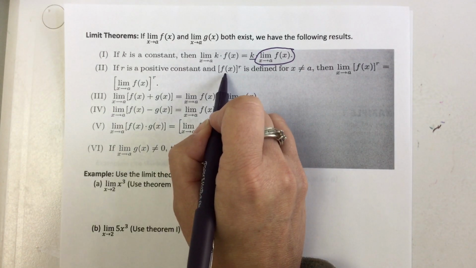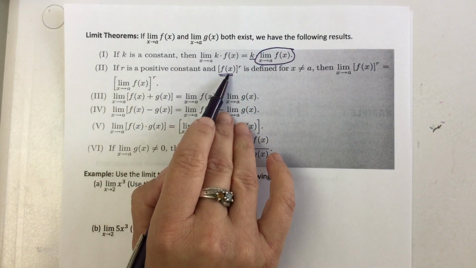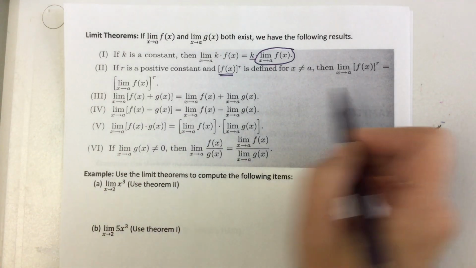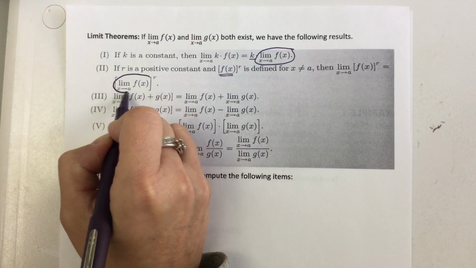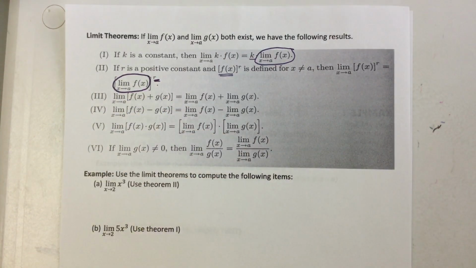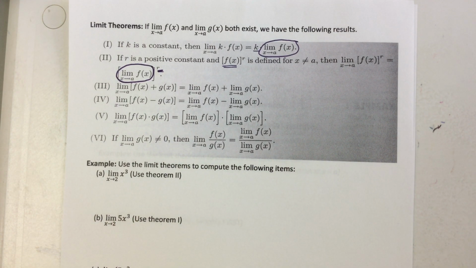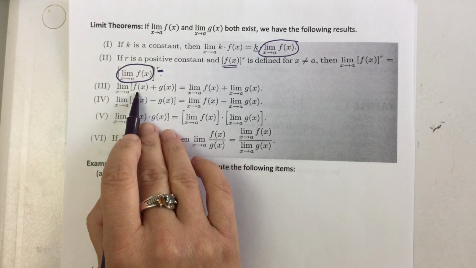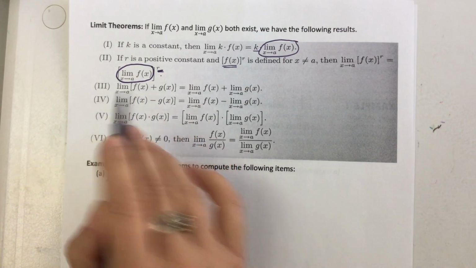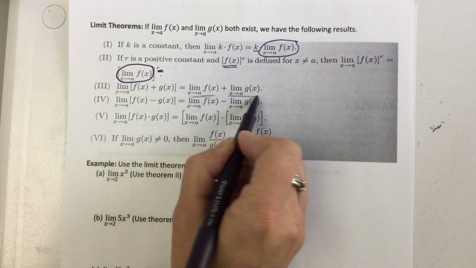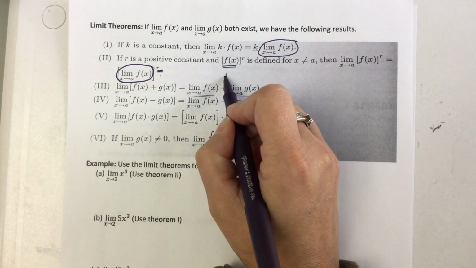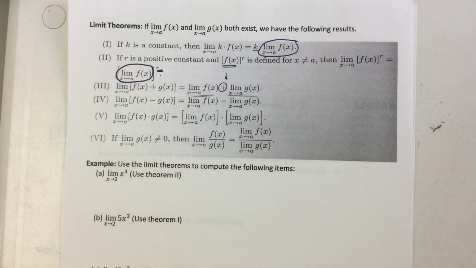If you have a function that has an exponent, you are allowed to find the limit of the function. Once you find the limit, then apply the exponent. You are allowed to do that. If you are adding two functions and they want you to find the limit, you are allowed to find the two limits separately, take the two limits, and add them together.